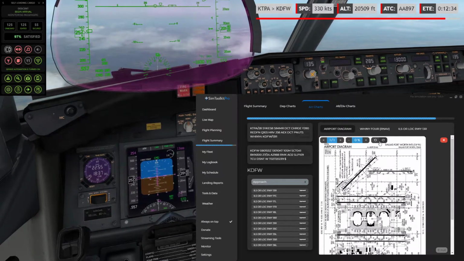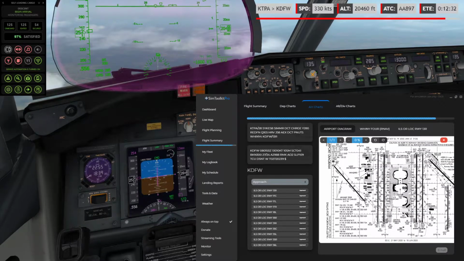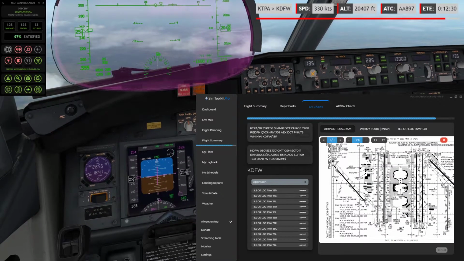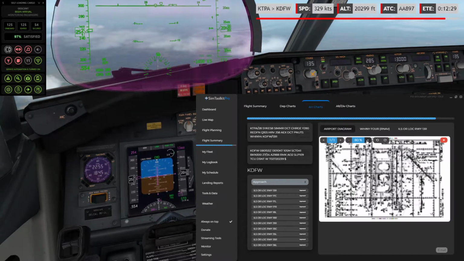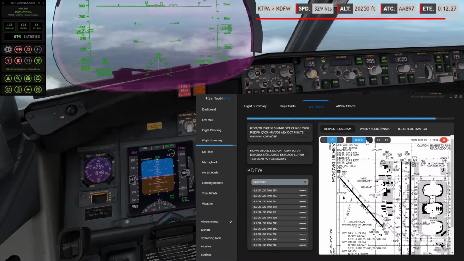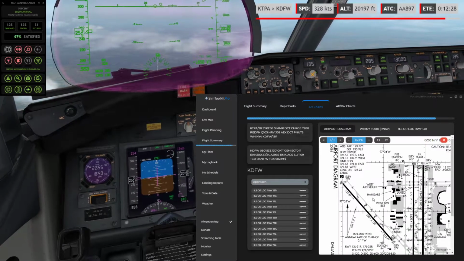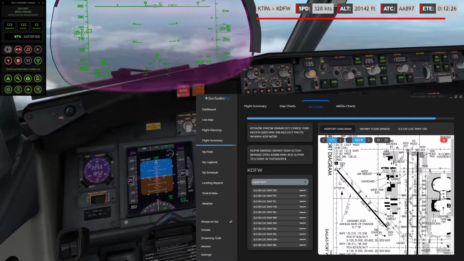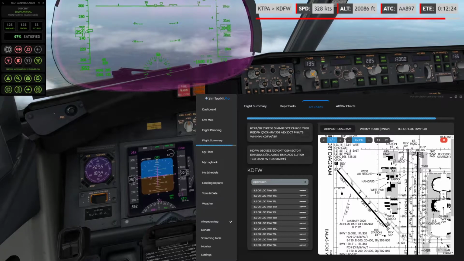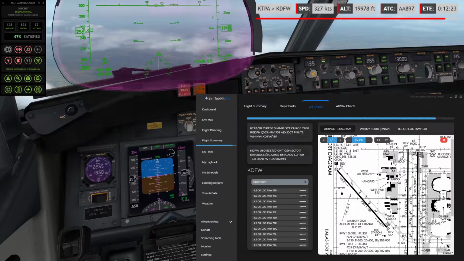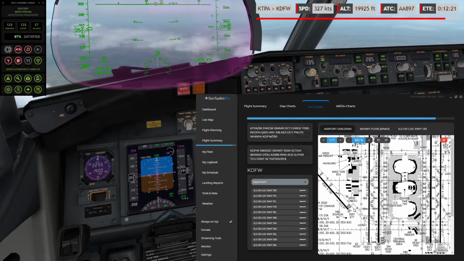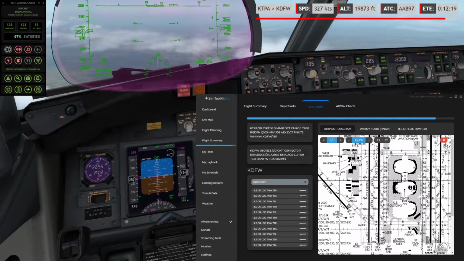So looking at the airport charts, we have 13 right over here. So we're coming in on 13 right. We can basically roll all the way to the end and then take the Alpha 5 or the Alpha 6 exit.